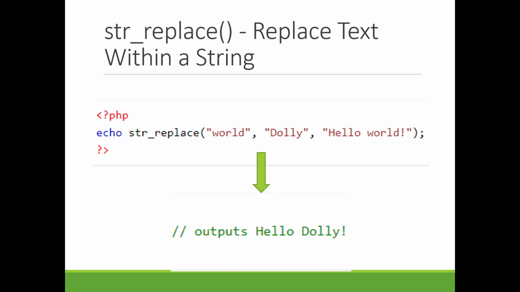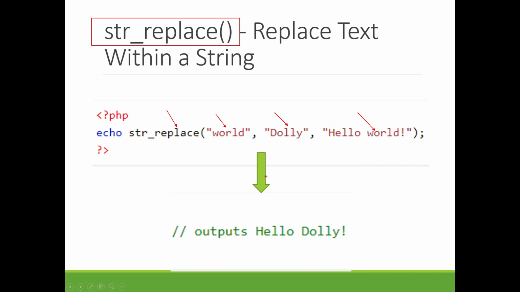Okay, then we have string replace. As you might have guessed, the function of this string function is to replace text within a string. So we have world, we have dolly, and we have hello world.